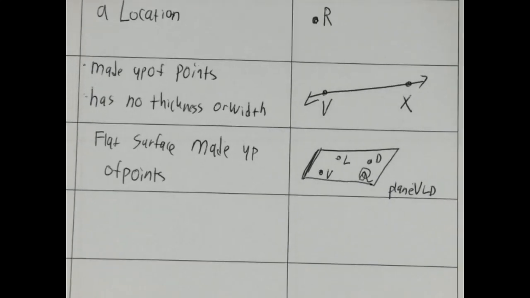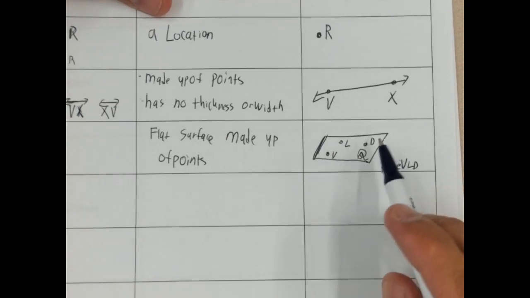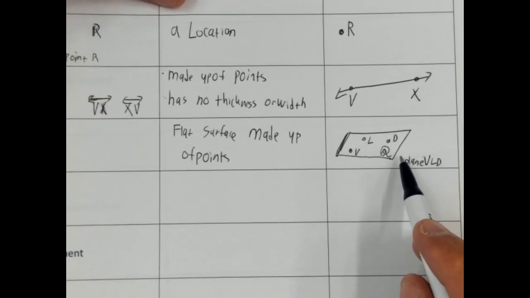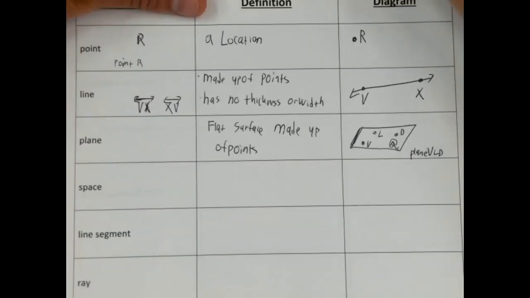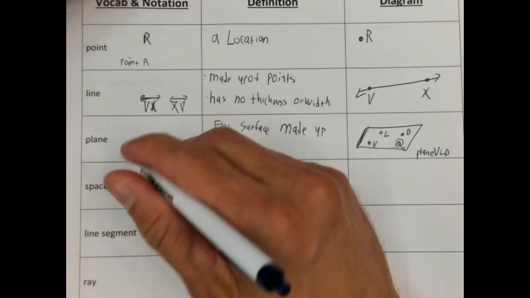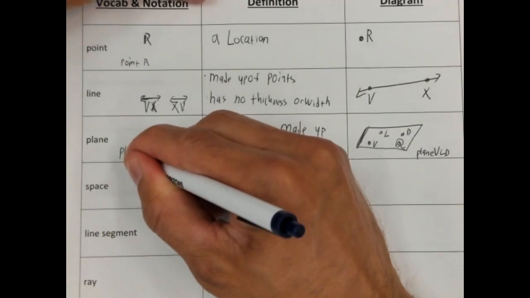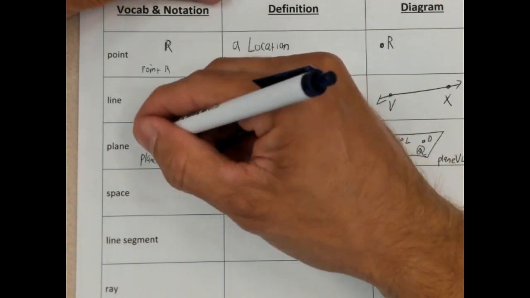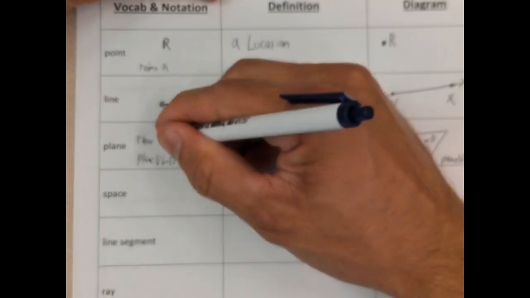So there's 2 ways of doing it. You can label it with 3 points that are non-collinear, or you can label it as the large italicized letter in the corner, which is not a point. It's kind of a little weird. And like I said, you call it plane VLD, or plane big old weird looking R.